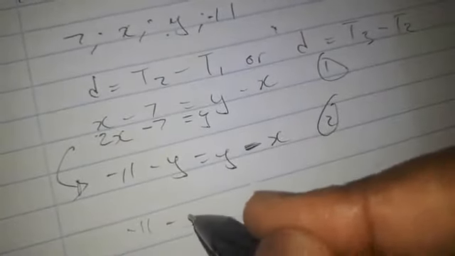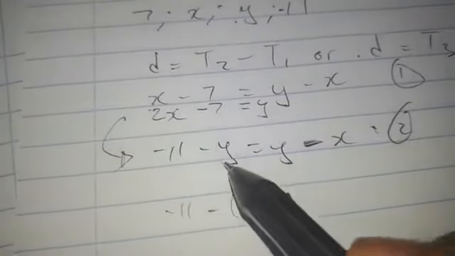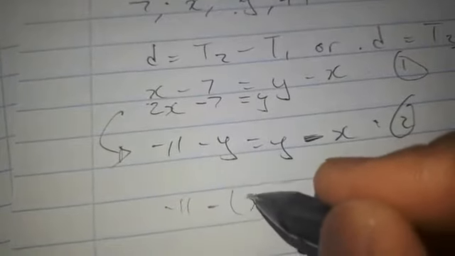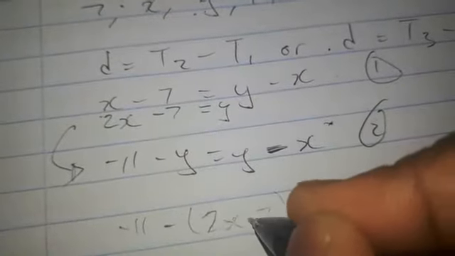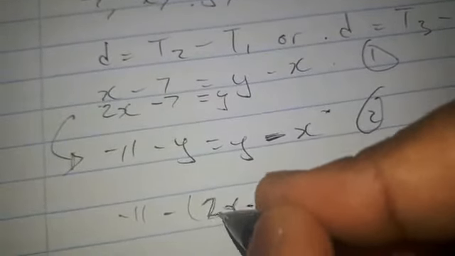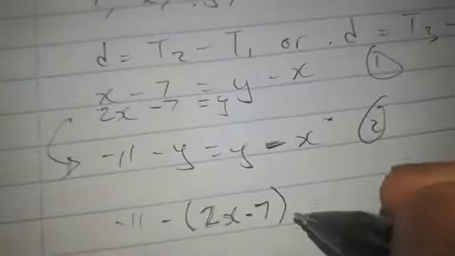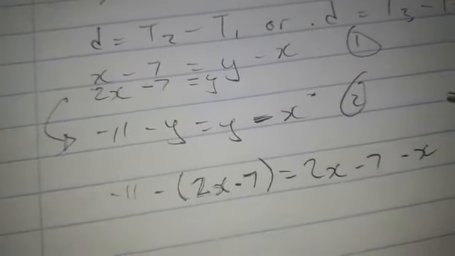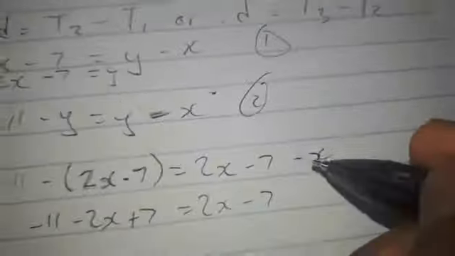You have negative 11 minus the value for y, which is 2x minus 7 in a closed bracket, and that is equal to y as well, which is 2x minus 7 minus x. I'm disorientated because while I was recording I got a call and it cut, and now I'm carrying on from there. So this is going to be negative 11 minus 2x plus 7 equals 2x minus 7 minus x.